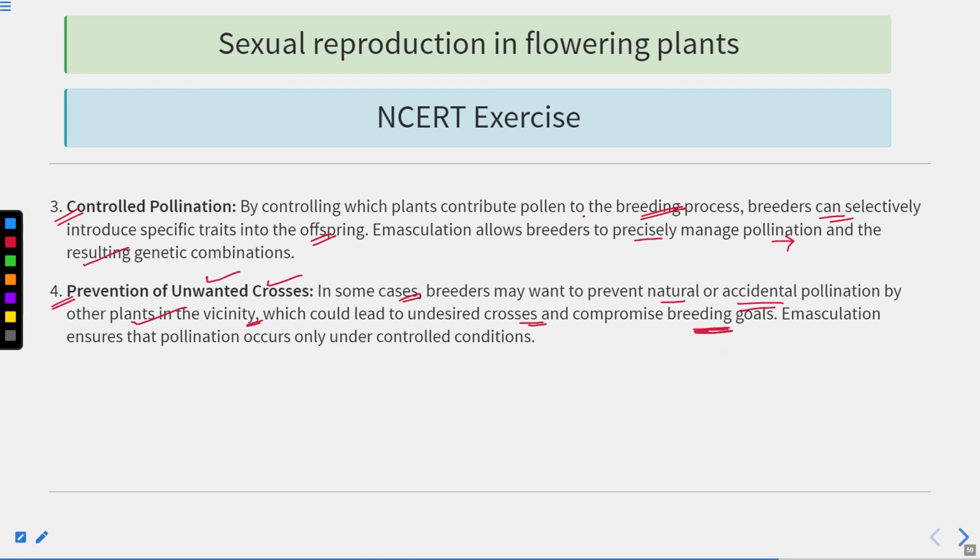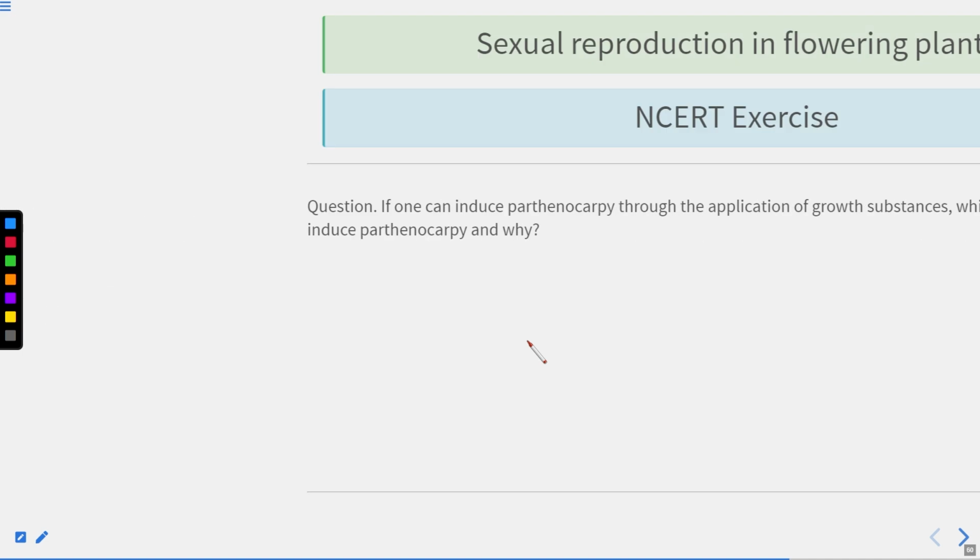For long-term success of the breeding programs, there should be no pollination by undesired pollens present in the air, or carried by insects. So to ensure the breeding program is successful, emasculation and bagging should be done. Emasculation ensures that pollination occurs only under controlled conditions.